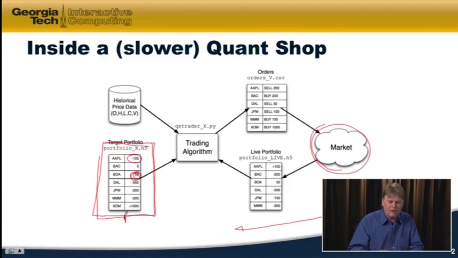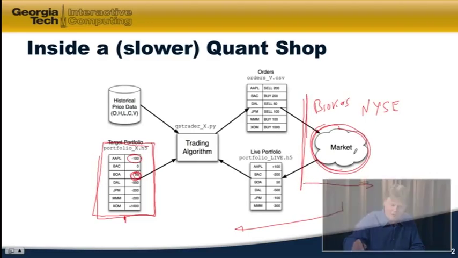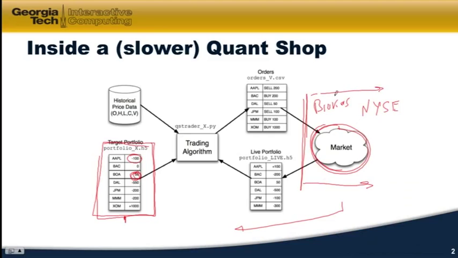How do you execute that in a market? And because we've been talking about the exchanges and brokers, let's start from there and work back. So let's assume the earlier part we talked about, that's all over here, the brokers and the exchanges. And now what we're doing is we're issuing orders. They're getting executed. And we're continuing this cycle.